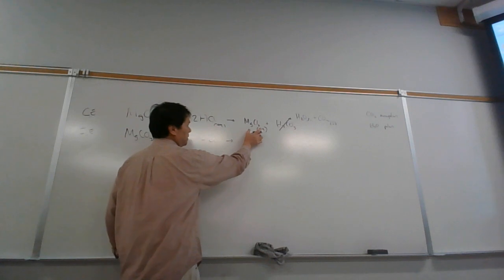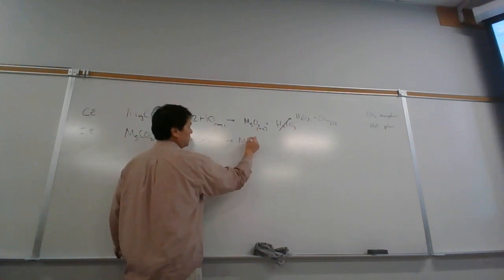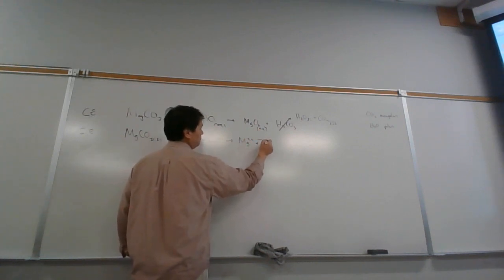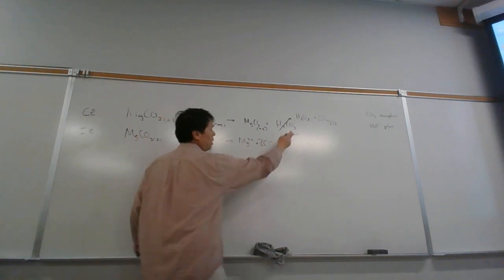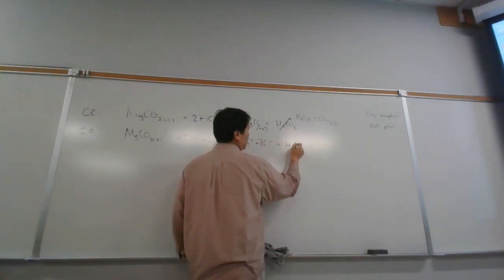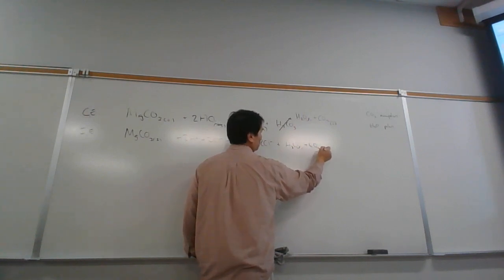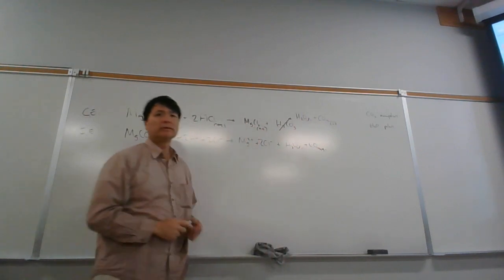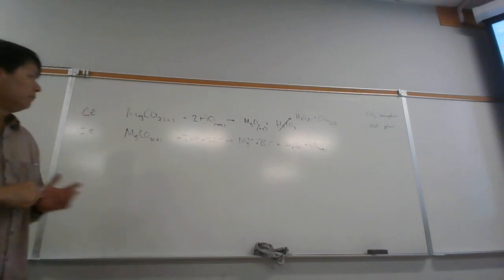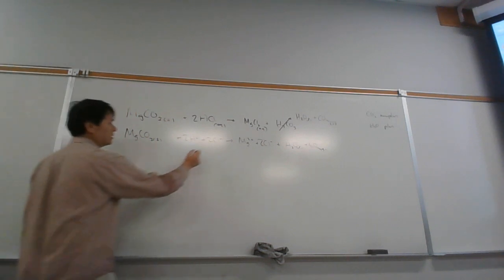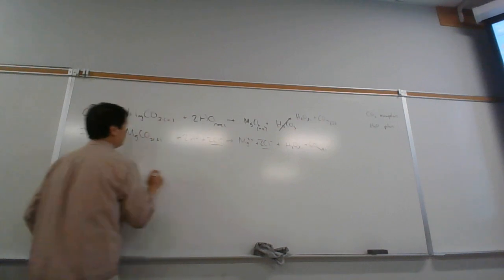This is a soluble salt, so this dissociates into the ions. And water is a non-electrolyte, and CO2 is another non-electrolyte. So we just leave those. In this case, the chlorides would be the spectators here.